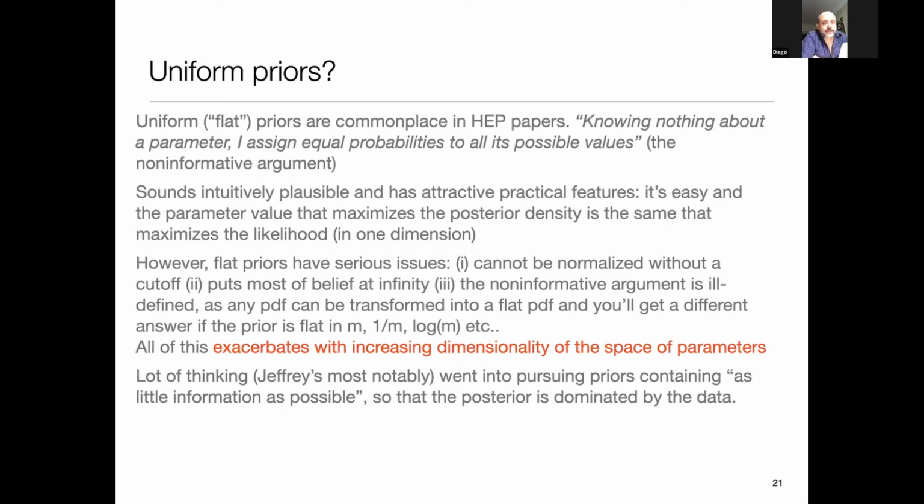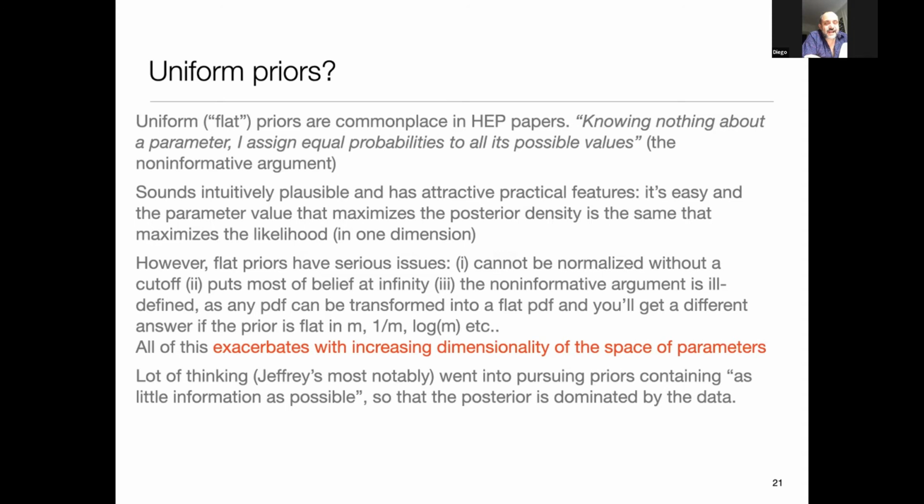Those of you who may have touched upon these topics may have seen that there is a ubiquitous usage of so-called uniform priors or flat priors. They are commonplace, unfortunately, in many papers, many HEP papers, and they're based on, I think, a fallacious intuition that knowing nothing about a physics parameter, like the speed of light, means you know nothing about the prior.